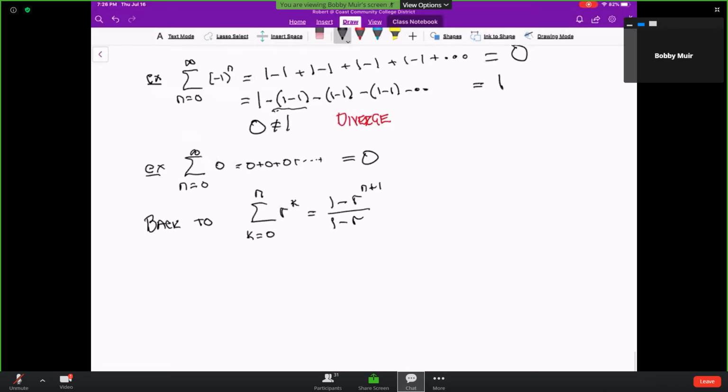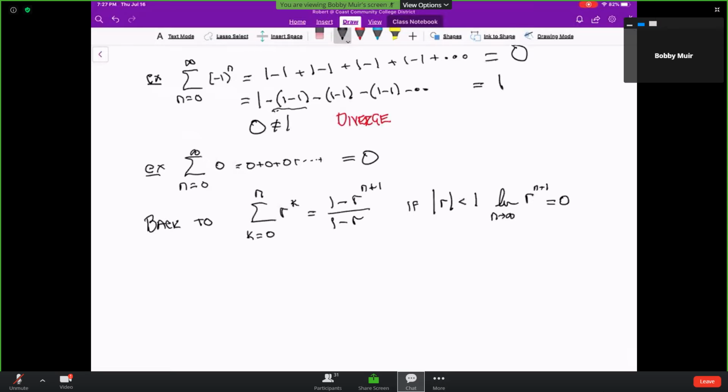If the absolute value of r is less than 1, the limit as n tends to infinity of r to the n plus 1 would equal 0.